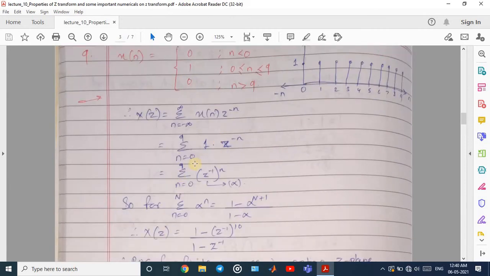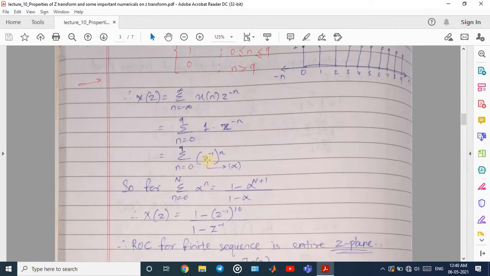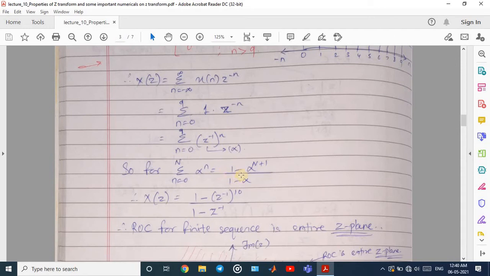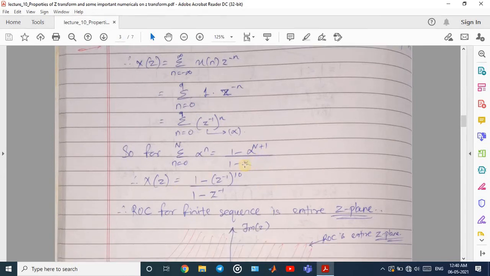So it has a finite value, it will not go to infinity. Alpha to the power n, this is alpha, this is power n. The solution is 1 minus alpha power n plus 1 upon 1 minus alpha. Just write down the value of n and alpha in the next step.